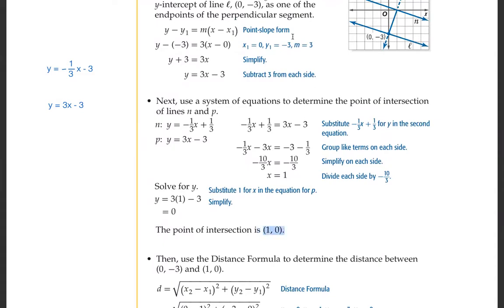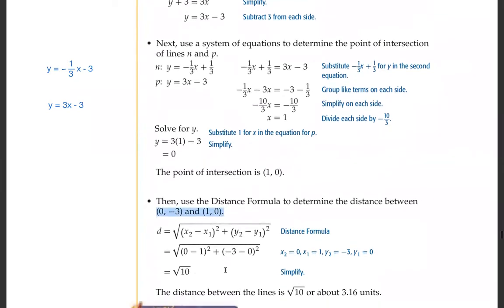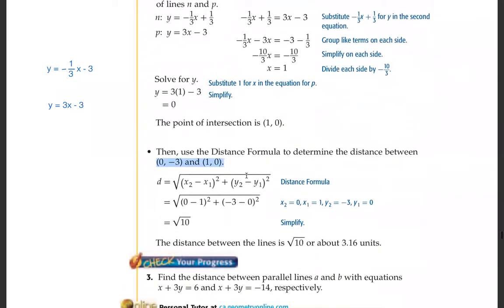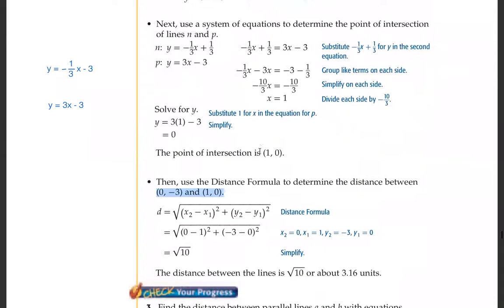Okay, so after having this point, we will be using this 1, 0 together with 0, negative 3, and use the distance formula in finding the distance between these two parallel lines. So go back to distance formula, square root of x2 minus x1 squared plus y2 minus y1 squared.